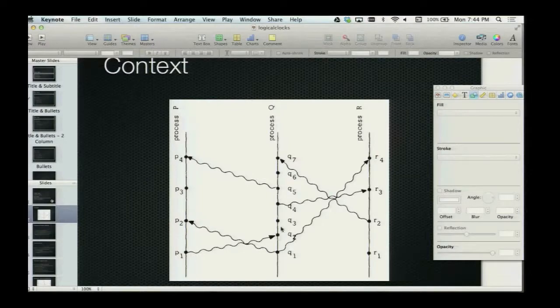So let's stare at this a little bit more. Does P1 happen before Q1? No. Not necessarily. Can't say. Why can't you say? Because both of them have independent counters.